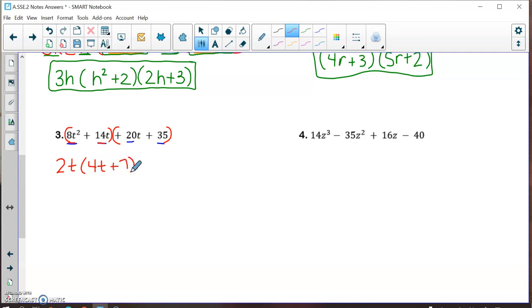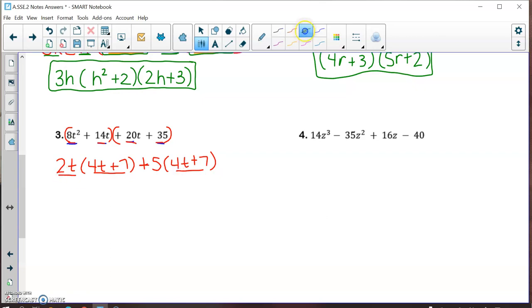I need to take an operation out of my next 2 terms, which is going to be a plus sign, and a number. The number that they have in common is a 5, and I'd be left with a 4t plus 7. You know you did the grouping correctly if the 2 sets of parentheses match exactly.